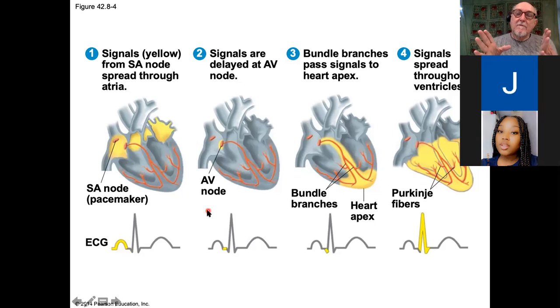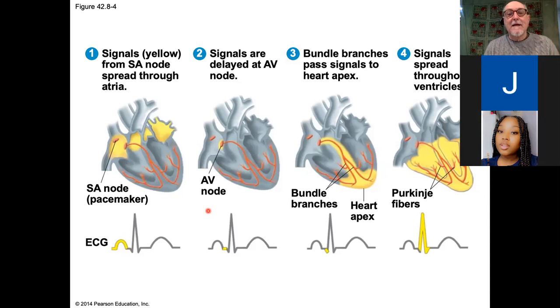Because it's electrical, we can actually follow the course of the heartbeat by measuring electrical impulses generated by the pacemakers. In fact, those electrical impulses don't just stay on the heart. They are spread throughout the body. It doesn't have any effect on the rest of the body, but they can be measured at other parts of the body.